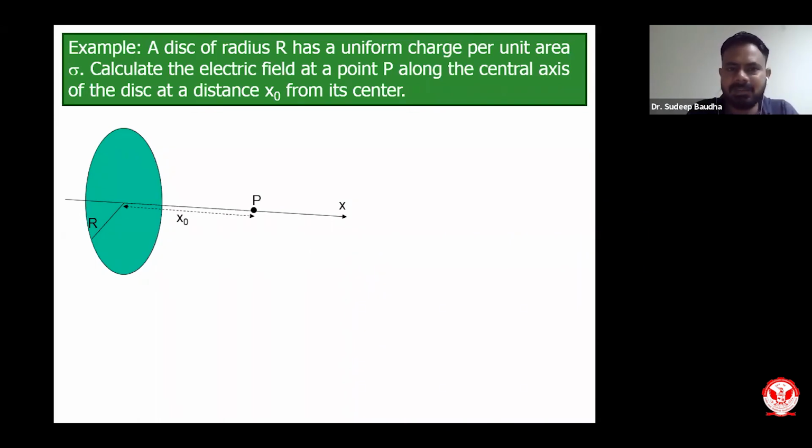It says a disk of radius r has a uniform charge per unit area, that is sigma. We have to calculate the electric field at a point P along the central axis of the disk at a distance x naught from its center. Now this is the concept which will use the fundamental concept of the ring. I will tell you how to use this.